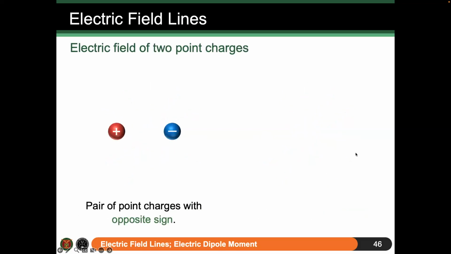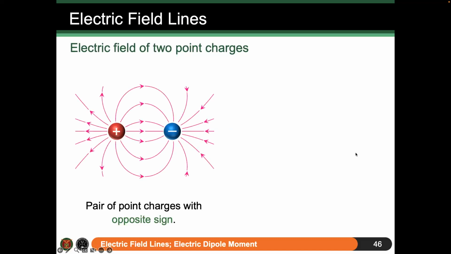So, if we draw the electric field lines of 2 point charges of opposite sign, so ano mangyayari? Magre-radiate outwards kay positive, pero mag-sink kay negative. So, it will be something like this. Okay? So makita nyo, nagka-curve yung iba due to the presence of another source.